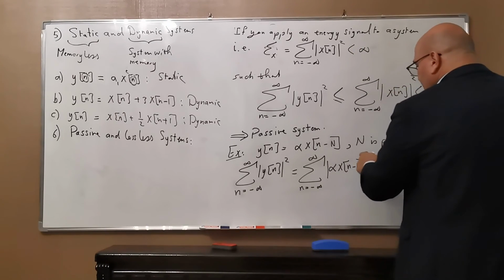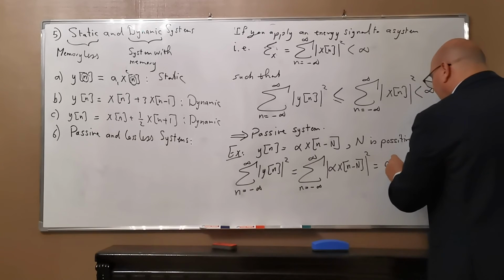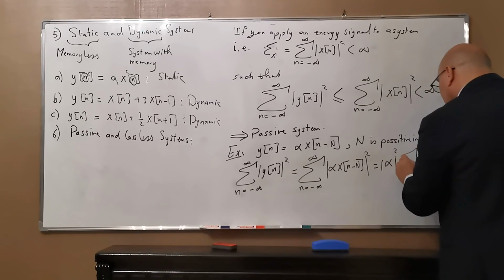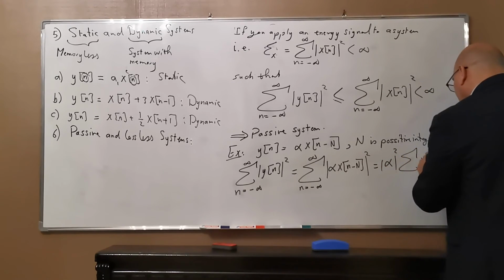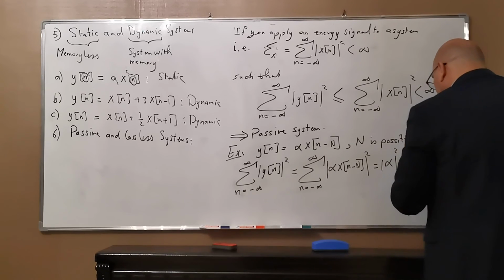We can distribute the absolute square and say that this is the constant alpha magnitude squared times the summation of x of n minus capital N squared from minus infinity to infinity.